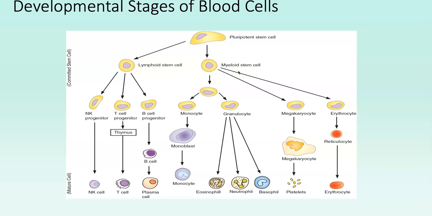So if a disorder affects this developmental process early on, cells may not mature or play their part in bodily functions. As we discuss the various blood and lymphoid disorders, it might be a good idea to keep this diagram handy. I have found it very helpful to keeping everything straight. You can find this diagram on page 241 of your textbook, or it's been placed in the study guide.